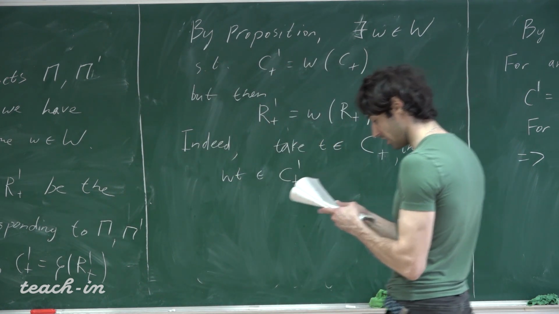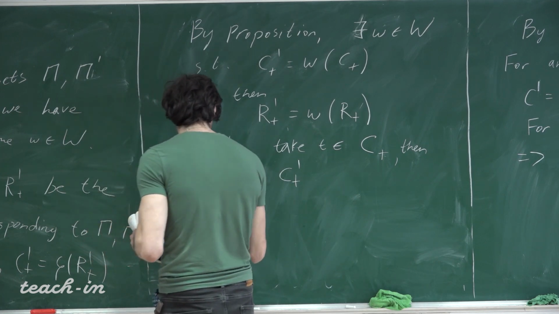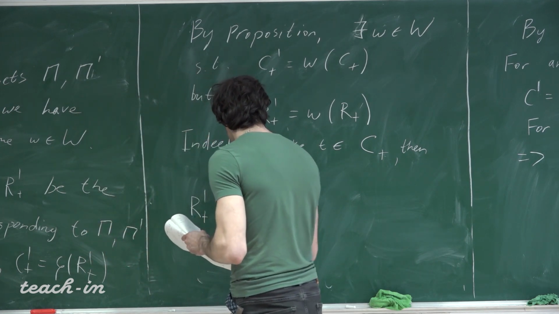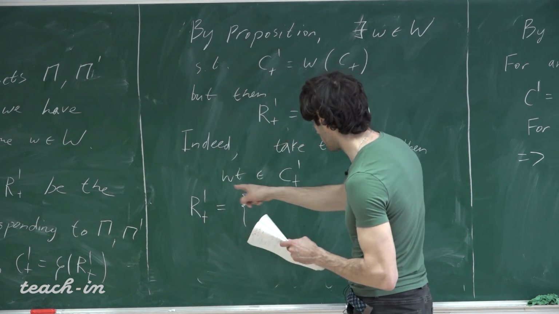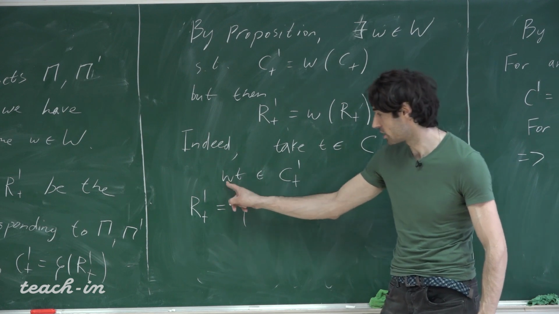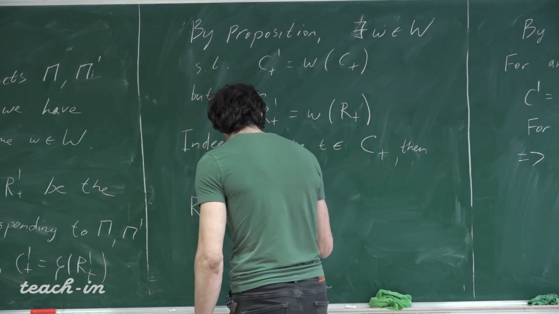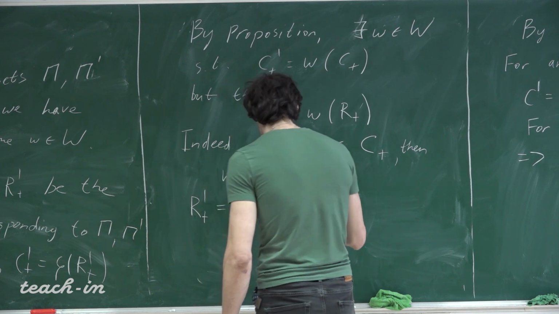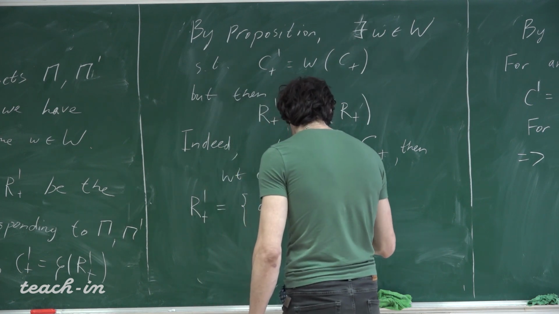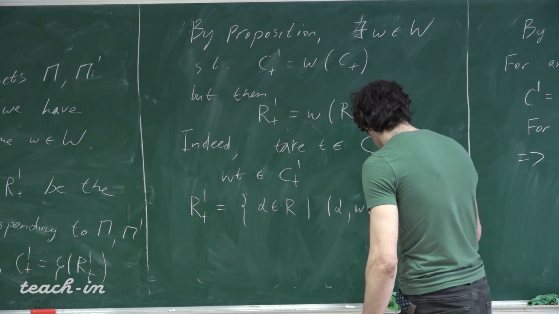right? Then let me consider R plus prime. So this is by definition. So WT, since it's in C plus prime, it's a defining regular element of R plus prime. So R plus prime are all roots such that alpha with WT is greater than 0.